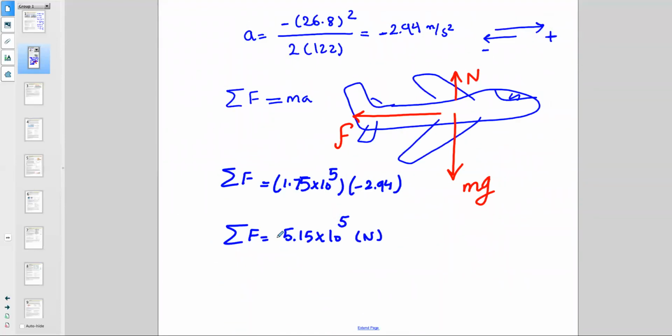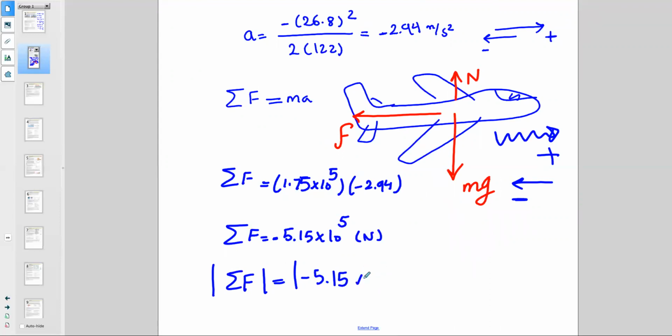Exactly. Now, what does this negative mean? It means it's in a negative direction. Remember, the airplane is moving along the positive, so the other direction is the negative direction, okay? So what is the magnitude of that? The magnitude of negative 5.15 times 10 to the 5 is just positive 5.15 times 10 to the 5.